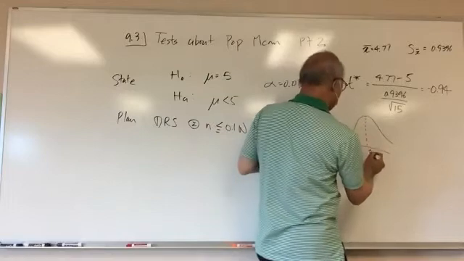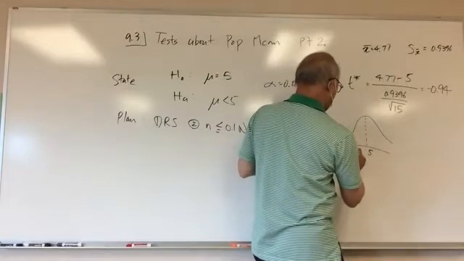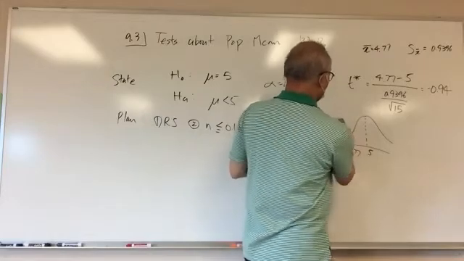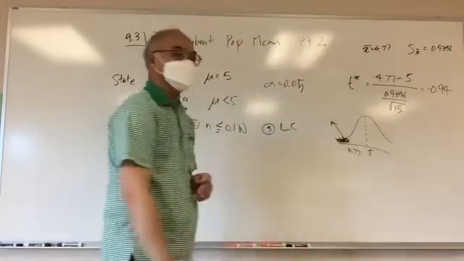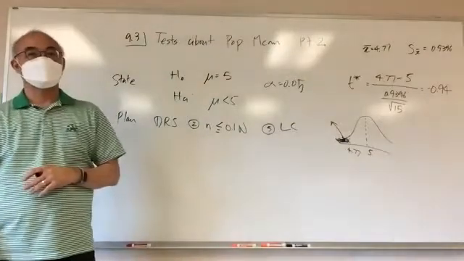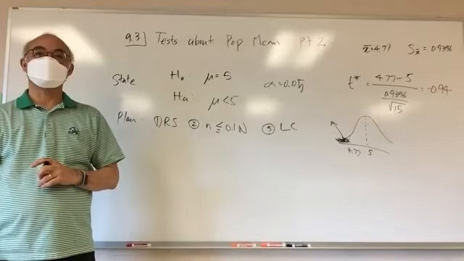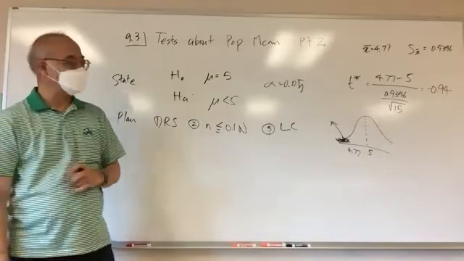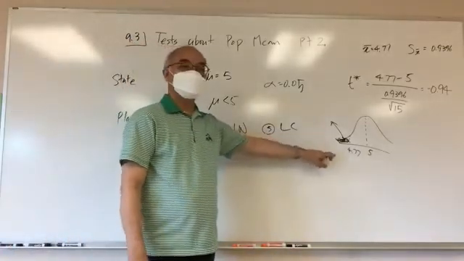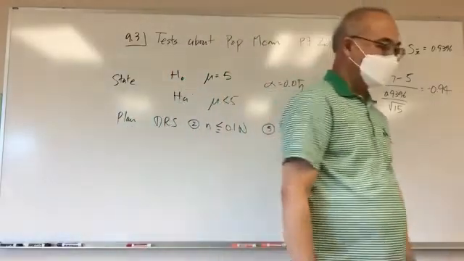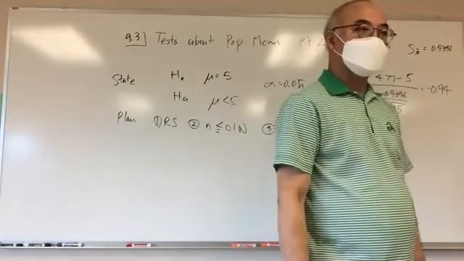And this is 5, 4.77. Okay. So what is that number? Somebody find it using the calculator. You'd use the tcdf, right? Go from 0 to 4.77, or 4.77 and 5.